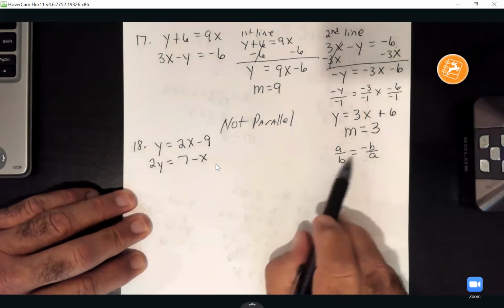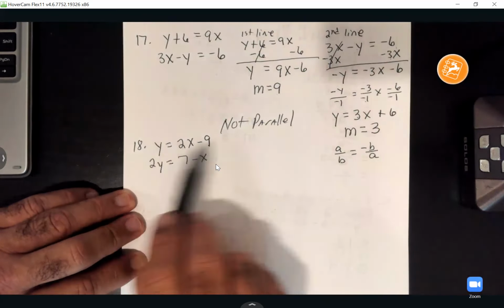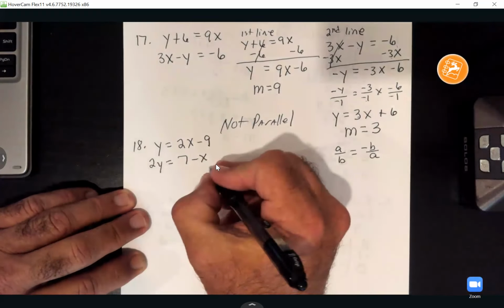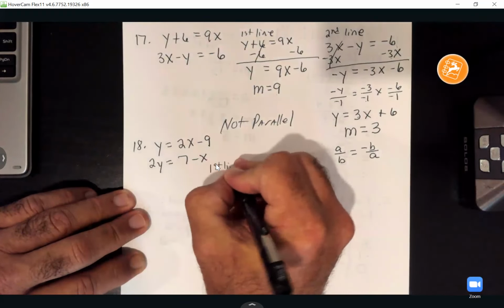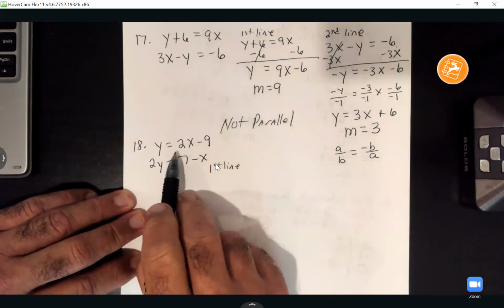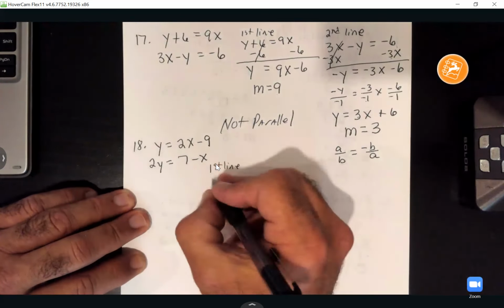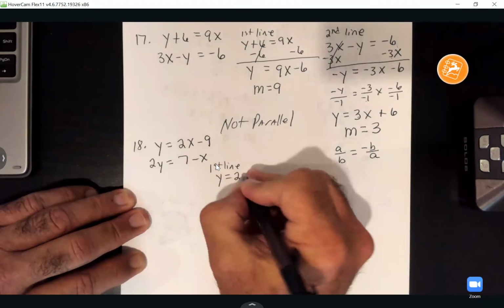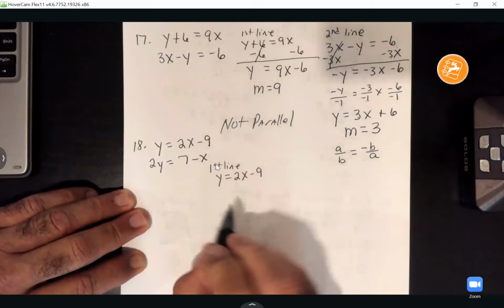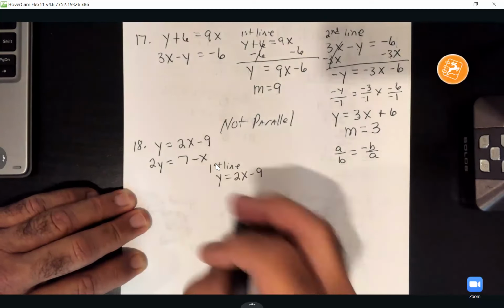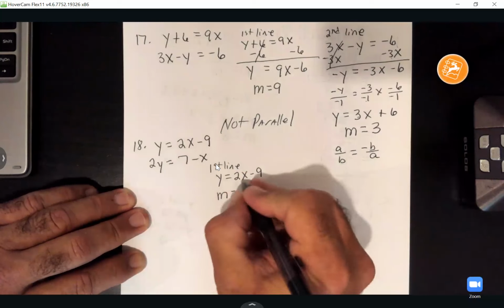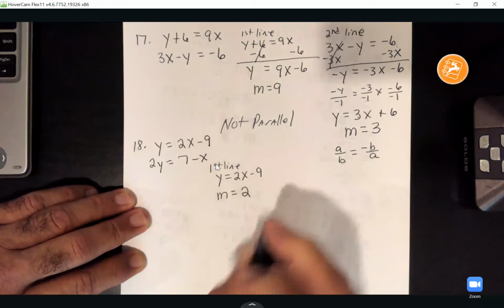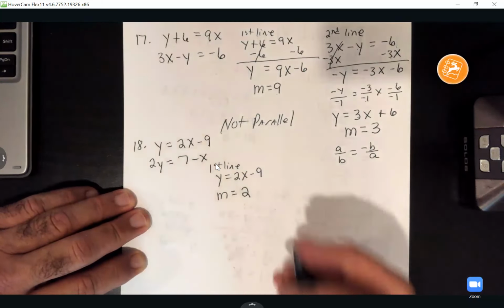So we're looking for this kind of pattern on these two slopes, okay? So I'm going to start with my first line. Well, look at that. The first line is already solved. Y equals 2x minus 9 is already solved here. So the m is the number in front of the x, which is a 2.